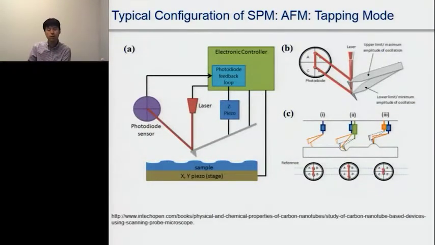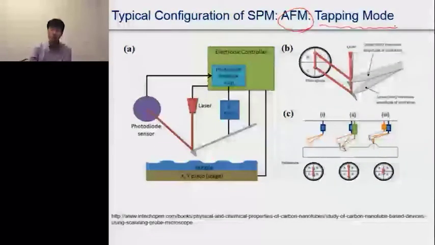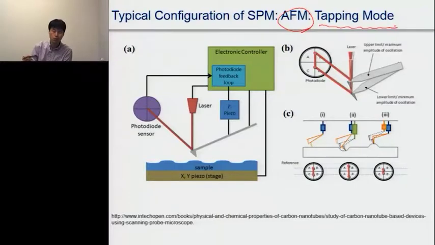So this is the typical configuration of the SPM. This specific example is atomic force microscopy, especially the tapping mode. As I just mentioned briefly, it has a cantilever, and then there is a laser. The laser hits the backside of the cantilever and bounces back to the photodetector.